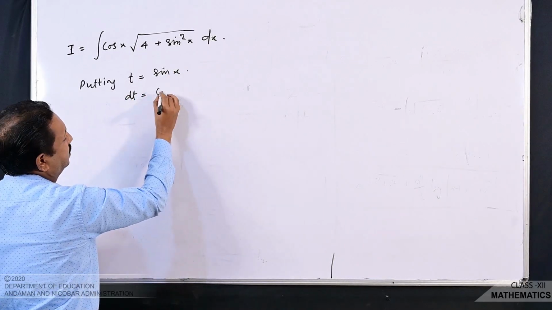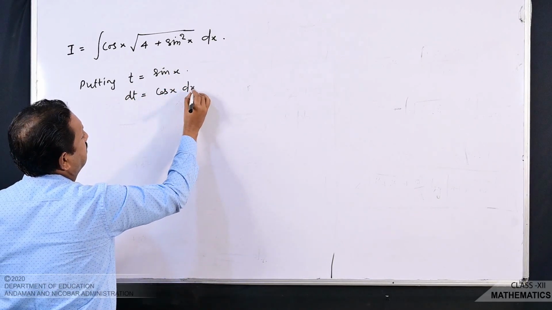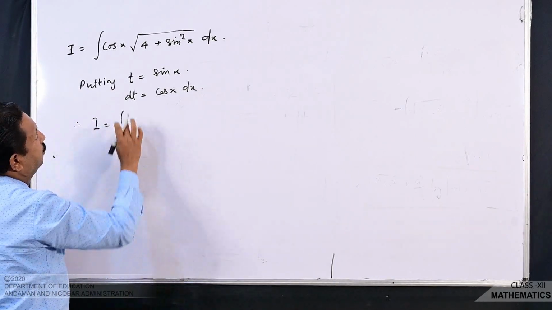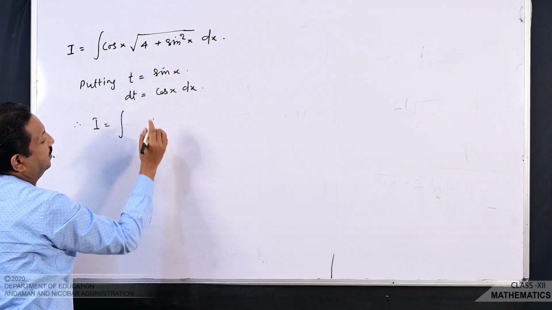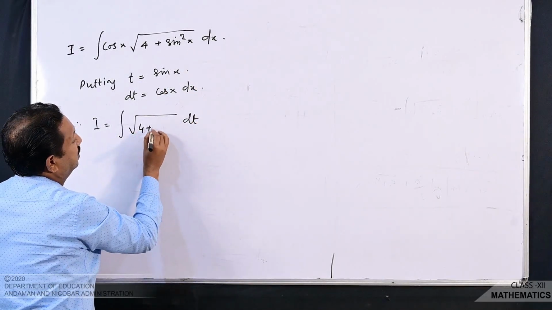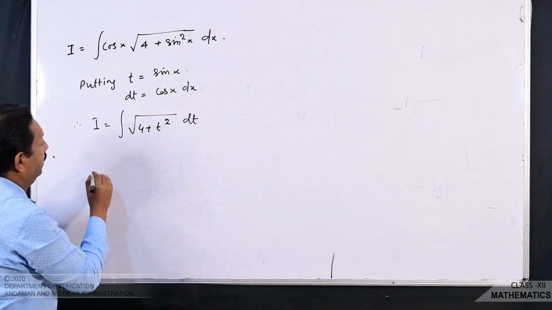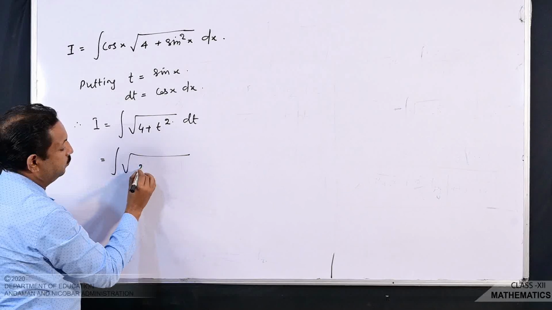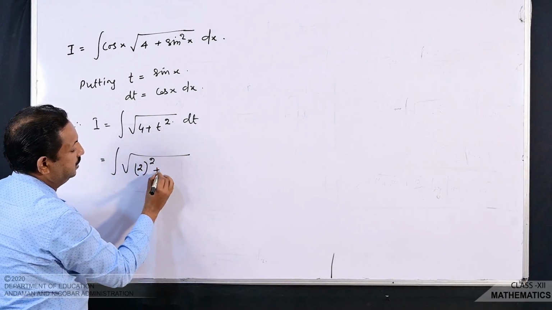It is cos x dx. Therefore, your I will change as, the integration of cos x dx can be written as dt, and this under root of 4 plus t square. Now, this 4 can be written as 2 square plus t square.